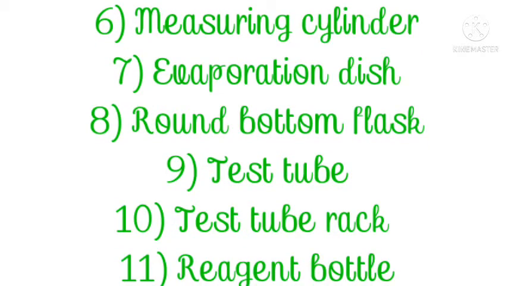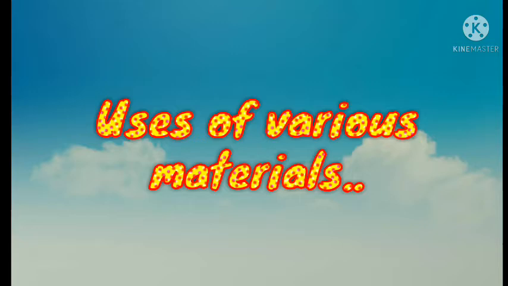Measuring cylinder, 7. Evaporation dish, 8. Round bottom flask, 9. Test tube, 10. Test tube rack, 11. Reagent bottle. So these are various materials found in a laboratory.